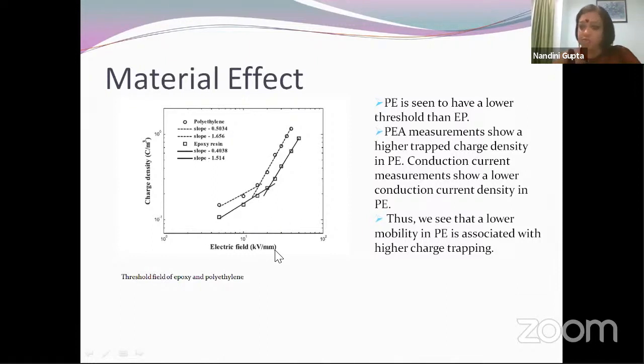And therefore, all space charge measurements need to be made at fields above the threshold field. And you can see that the threshold field is different for different materials. It is lower for polyethylene and higher for epoxy resin, which means that if you are trying to choose an application where you are free to use both polyethylene and epoxy resin, which may not be the case, you would definitely choose epoxy resin, because epoxy resin has a higher threshold field for space charge accumulation, and therefore any defects or degradation due to space charge accumulation will happen at higher fields.